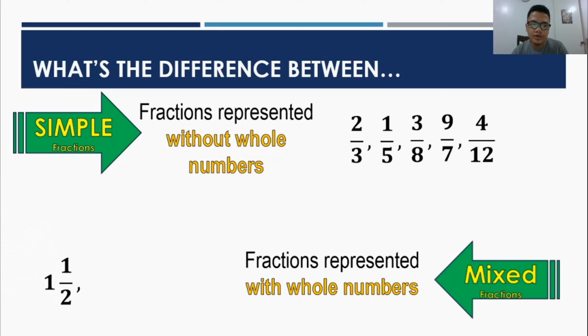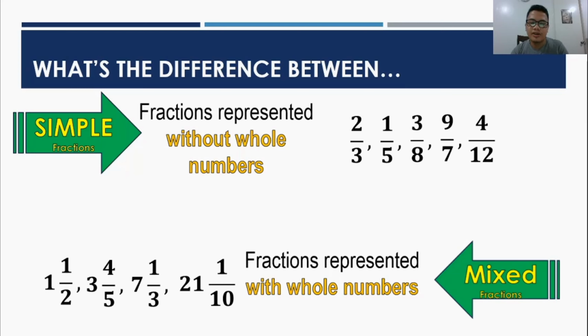A whole number, meaning it's not a fraction, it's a whole number followed by a fraction or together with a fraction. So meaning isang buo at kalahati, 1 and 1/2. So we have 3 and 4/5, 7 and 1/3, and 21 and 1/10. So those are mixed fractions.